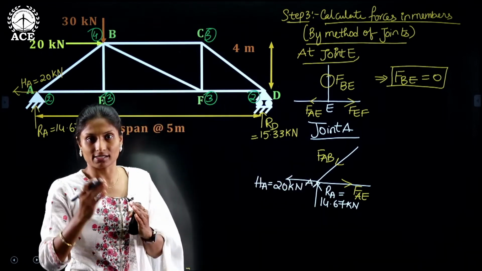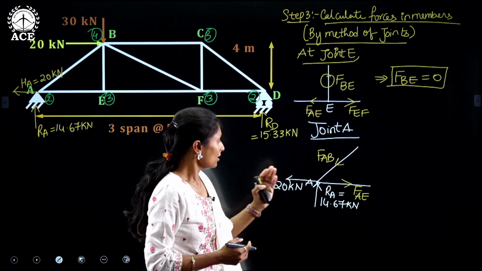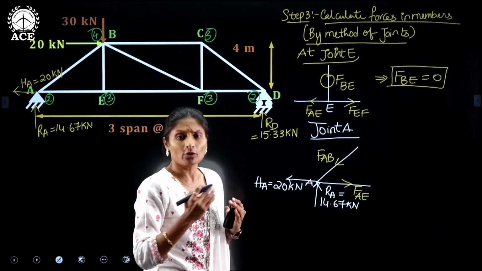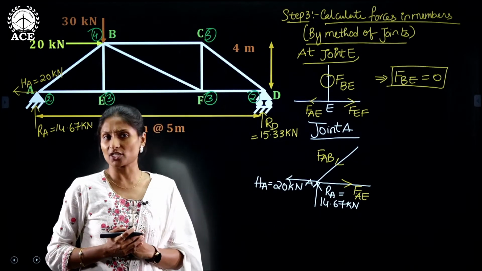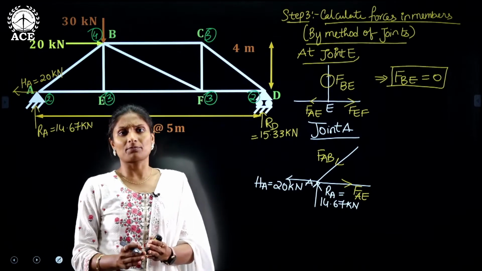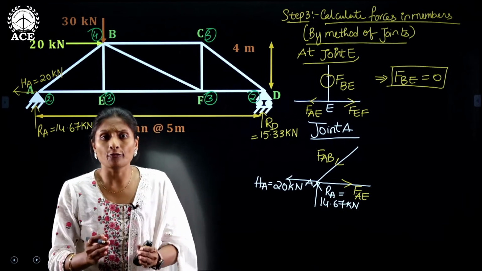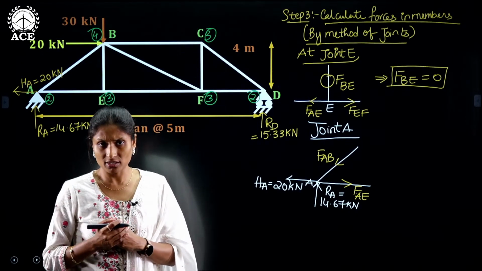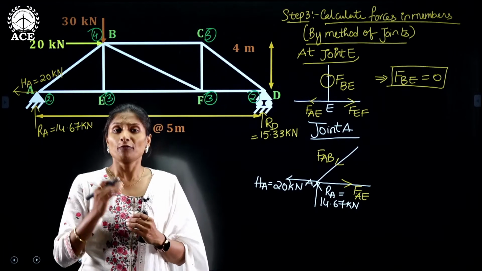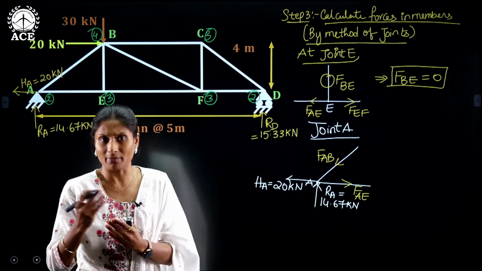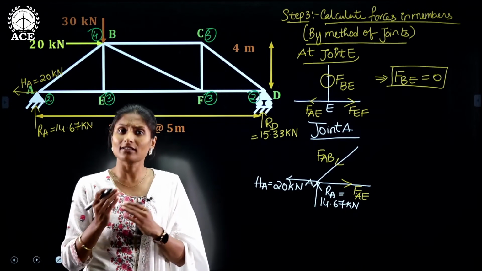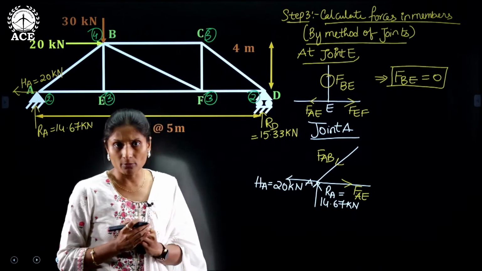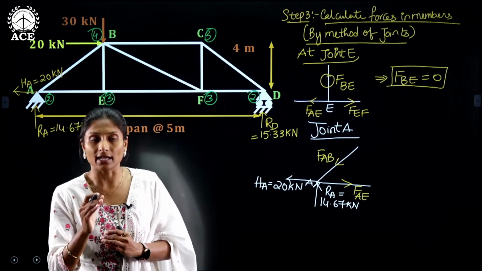Do we have to consider the same thing? No, you can either consider FAE to act towards the joint, and assume that the force in AB is acting away from the joint. The beauty of this subject is it gives you the freedom to assume the direction of forces. If you get a positive value, the direction you assumed is correct.